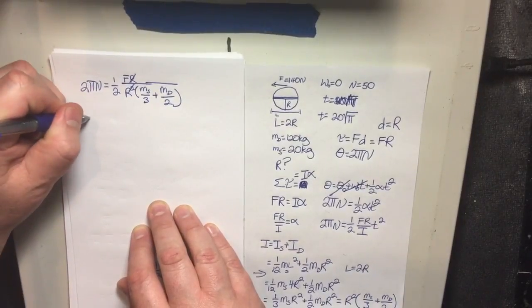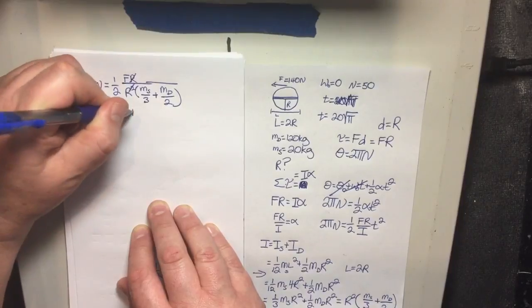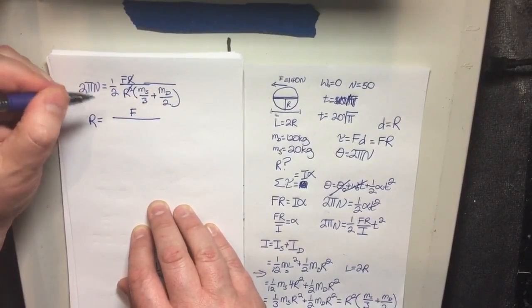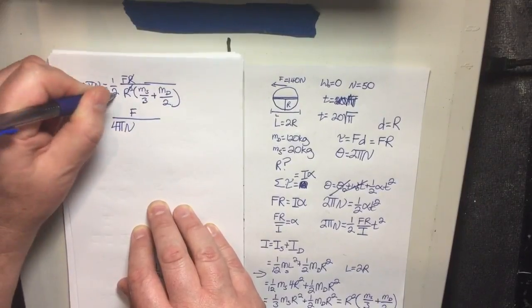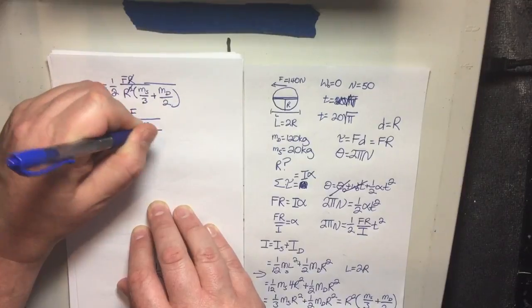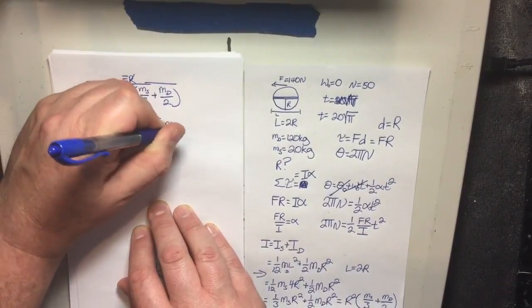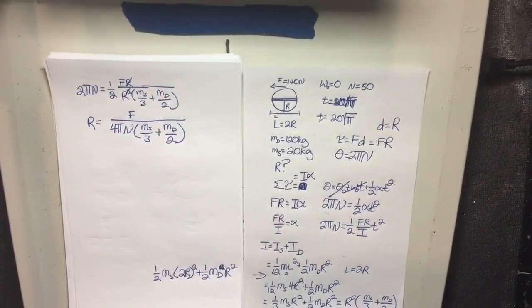Now I look for R. That R pops up to the left. I have an F over here. I have a 4 pi n. That 2 comes down and makes this: m_s over 3 plus m_d over 2. And now it's plug and chug time.